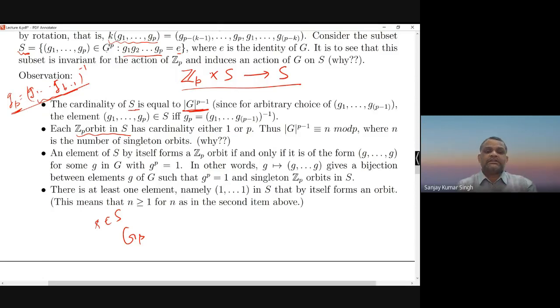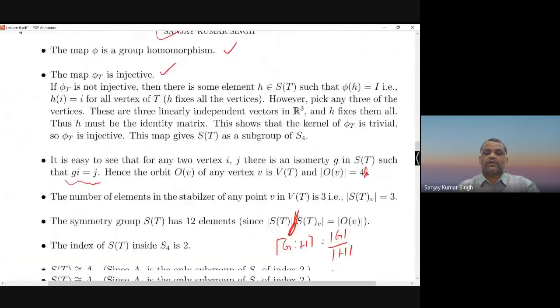So either it has cardinality 1 or p. If the stabilizer has cardinality 1, it means the orbit has cardinality p. And if the stabilizer has cardinality p, it means the orbit has cardinality 1. So we get these two choices, and because of them you can easily apply the orbit-stabilizer formula and you will get this fact.